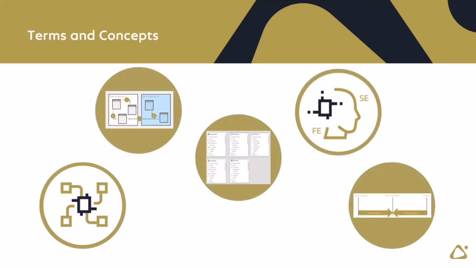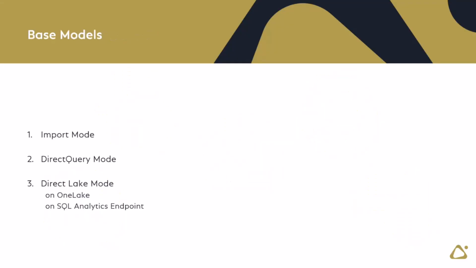Now that we have the terminology in place, we can finally move to the actual model types. So let's start with the base models. There are 3 base models: import, DirectQuery, and Direct Lake. Direct Lake comes in 2 different flavors: Direct Lake on OneLake and Direct Lake on SQL Analytics Endpoint.